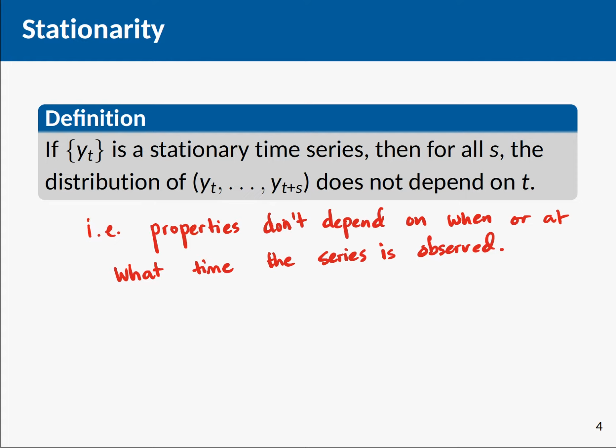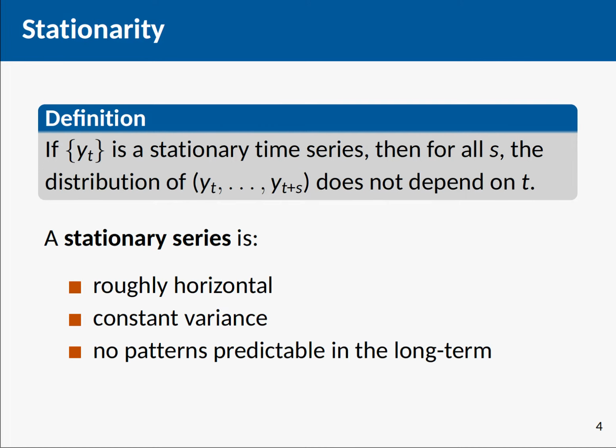In other words, to make it non-technical, the properties of the time series don't depend on the time that the series is observed. So at any point in time, if you observe the time series, it should look just about the same. So a stationary time series, again in non-technical terms, is roughly horizontal.